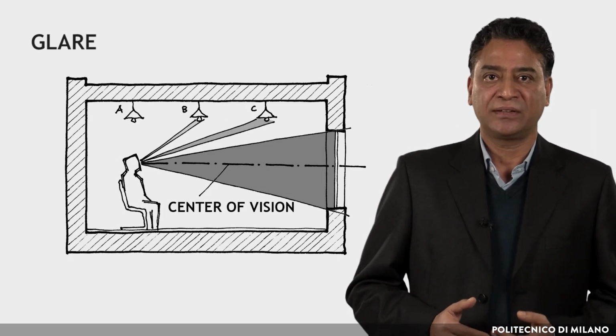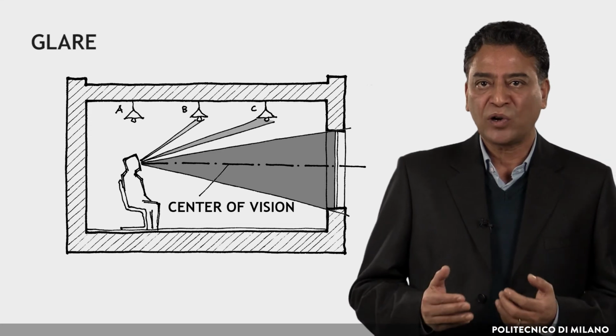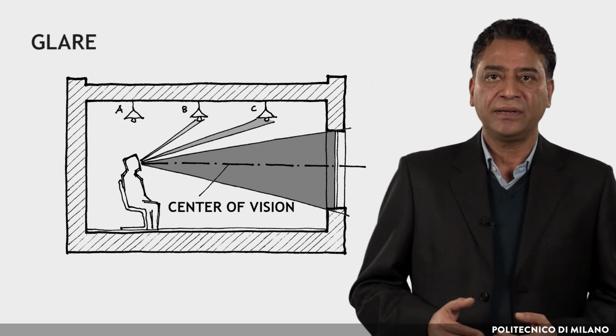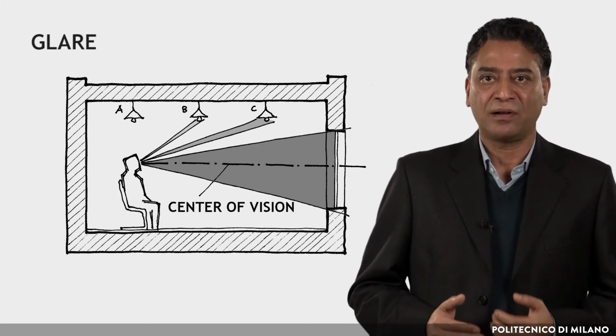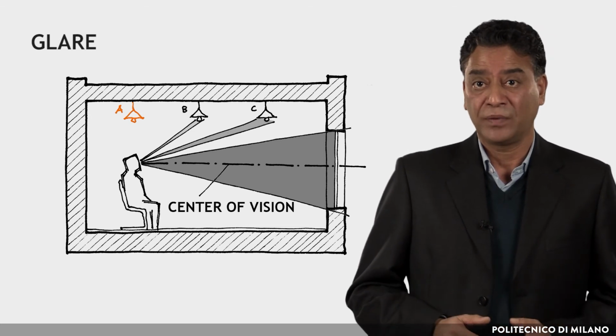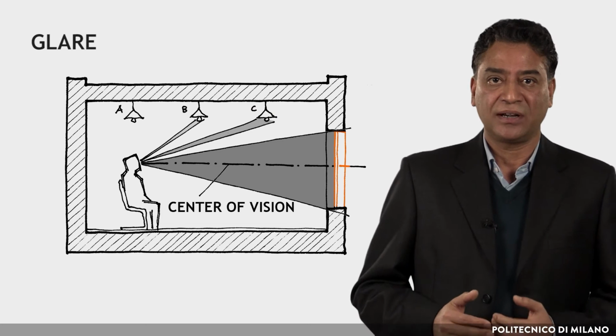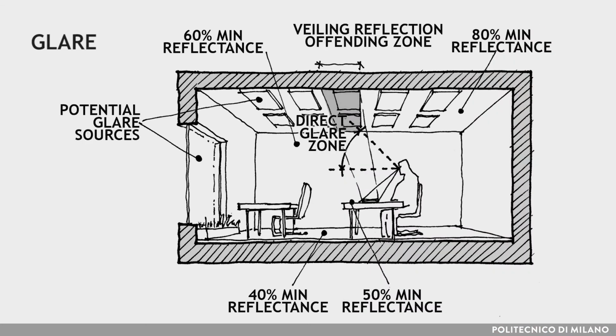Then, the closer to the center of the visual field, the more light sources are potential sources of glare. In the figure, the sources are progressively more problematic from A, no problem, gradually to B, C, and the windows, causing glare. Some potential sources of glare and recommended reflectance values are shown in the figure.